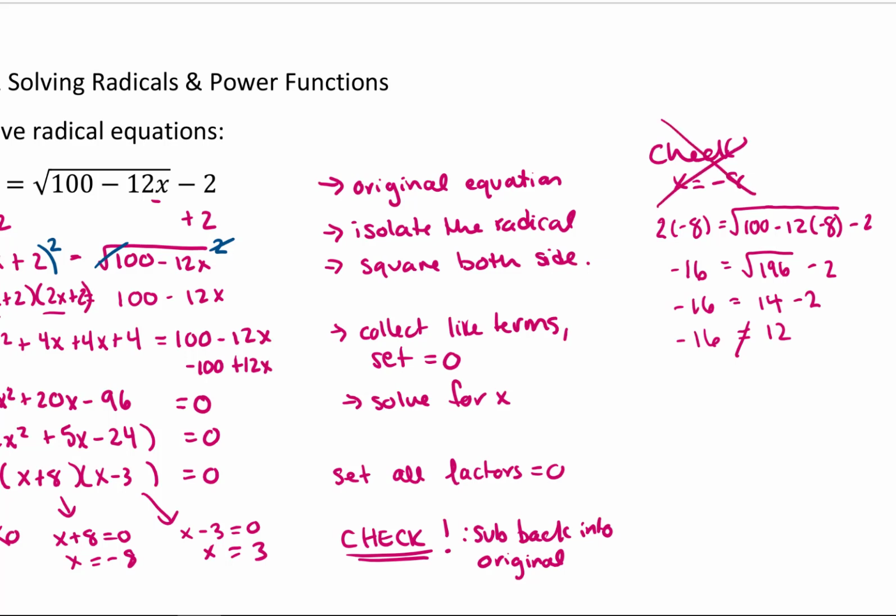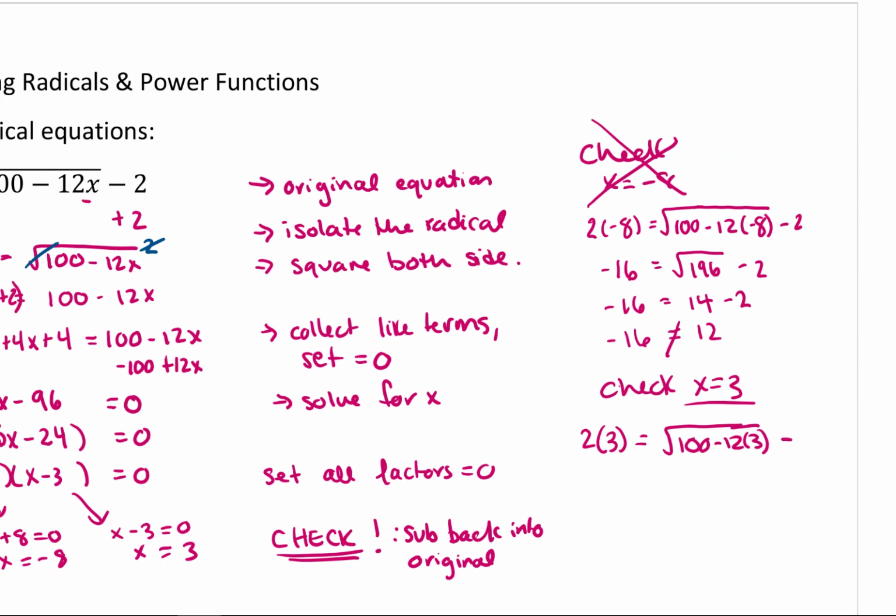Now we need to check our other answer. So we take x is equal to 3, we plug it back into the equation. 2 times 3 is equal to the square root of 100 minus 12 times 3, minus 2. 6 is equal to the square root of 64 minus 2. 6 is equal to 8 minus 2. 6 is equal to 6.